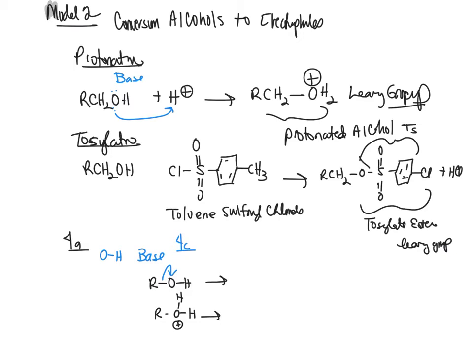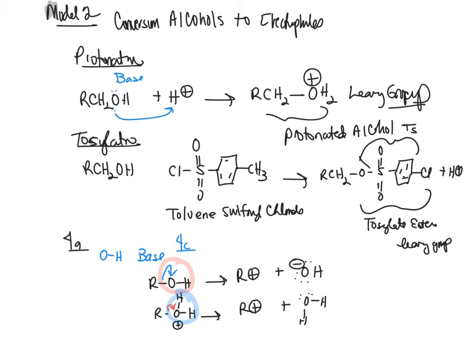Okay, so we will circle this leaving group, and that would be R plus OH minus as the result there. Here, we're showing our electron flow arrows. So if we were to circle our leaving group, it would be R plus water.